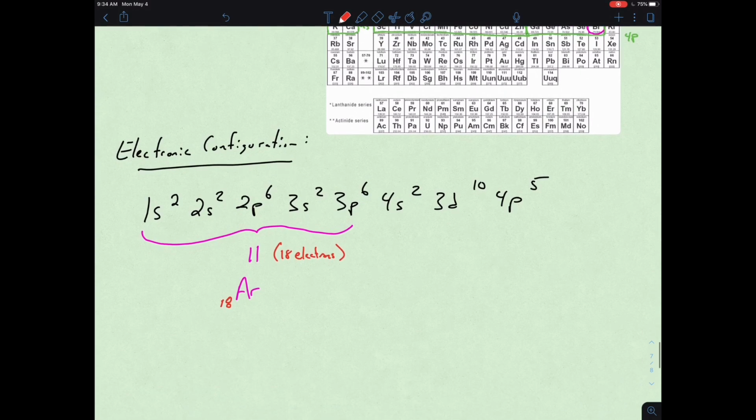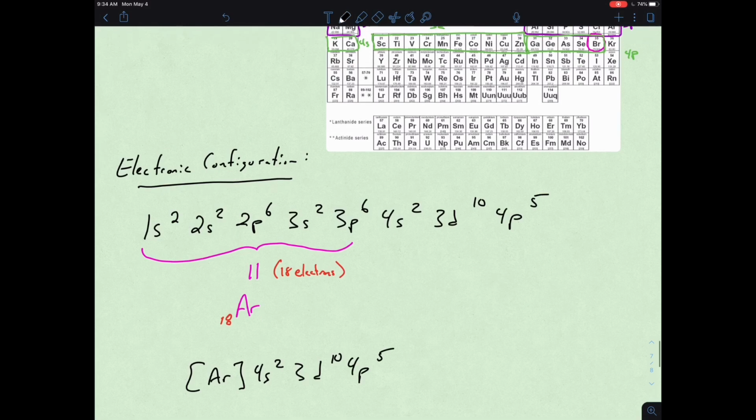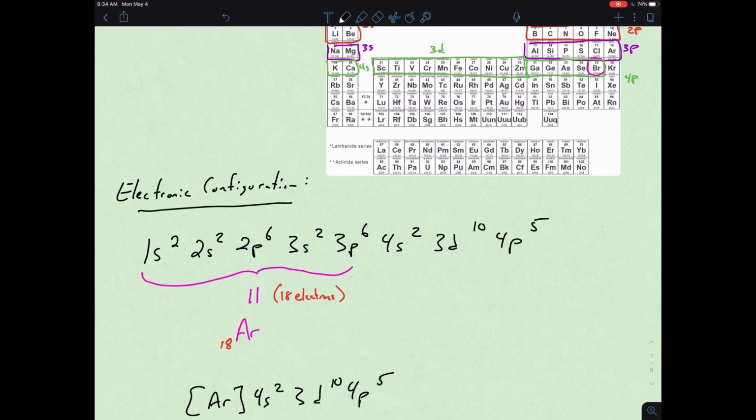So with the noble gas shorthand, what we do is we represent that, and then we write whatever comes after that noble gas configuration. So we would have argon. What is argon? Argon has this configuration of 1s2, 2s2, 2p6, 3s2, 3p6.